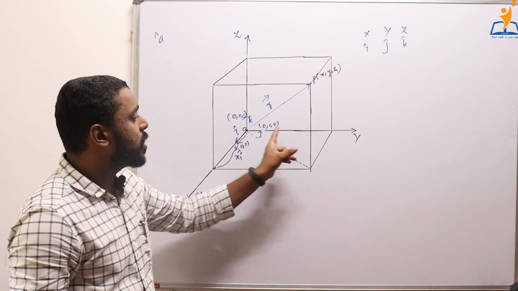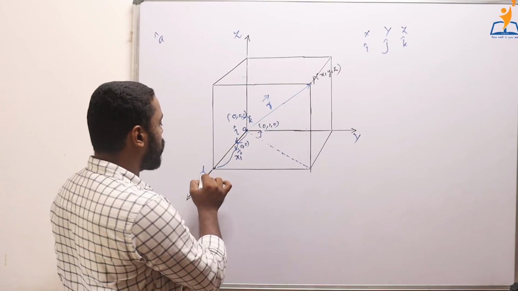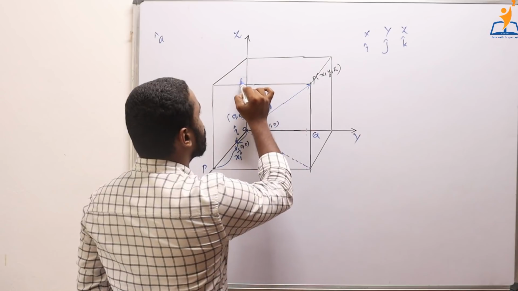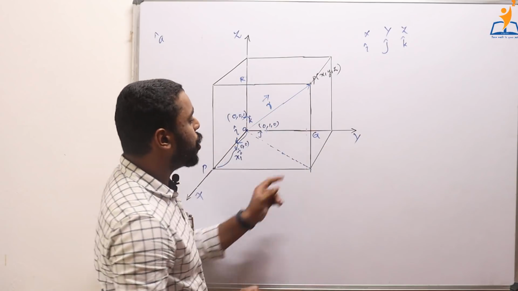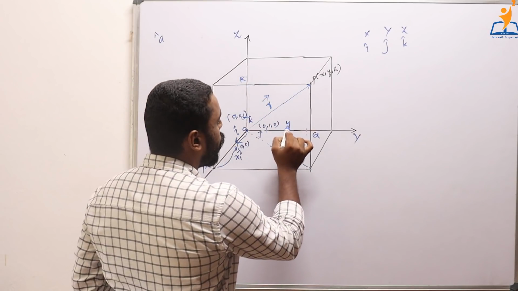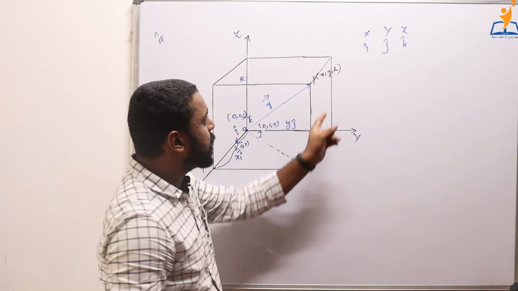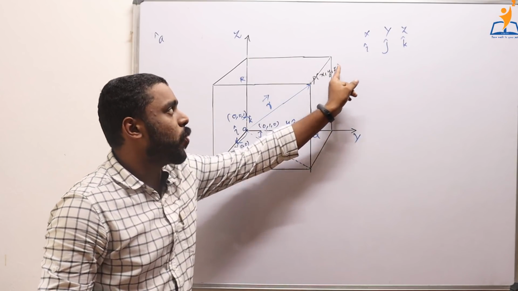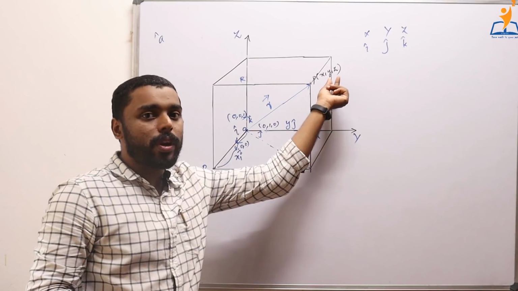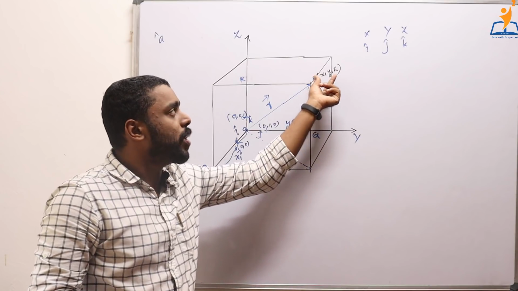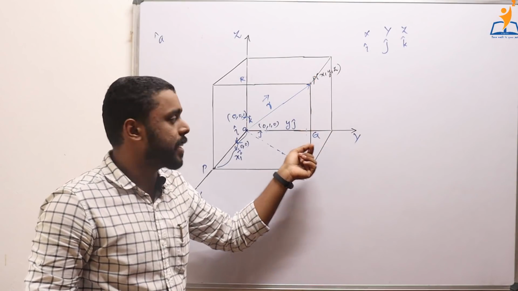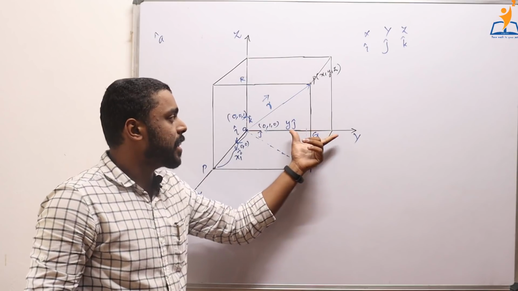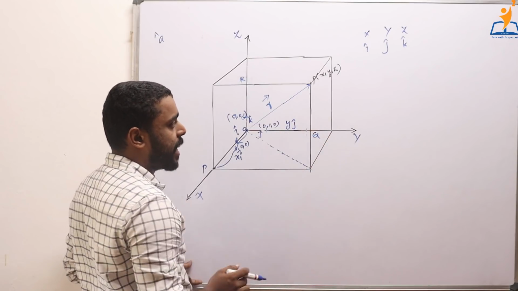Similarly, we have this vector. Let this point be P, this point be Q, and this point be R. Now, OQ is nothing but y j cap, because this point is (x, y, z), that is, the second coordinate is y, which means that this point is at y units along the y-axis. So this distance is nothing but y and this is y j cap.